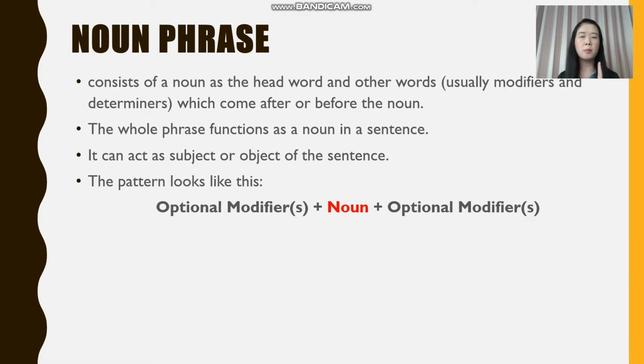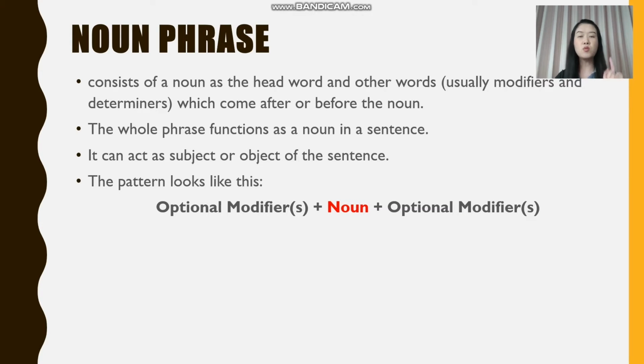Can you remember, if we are talking about the function of the noun in the sentence, the noun can be the subject of the sentence, object of the sentence. What else? It can be subject complement and object complement as well. So if we compare the function of the noun and the phrase in the sentence, it will be exactly the same, okay? The pattern looks like this.